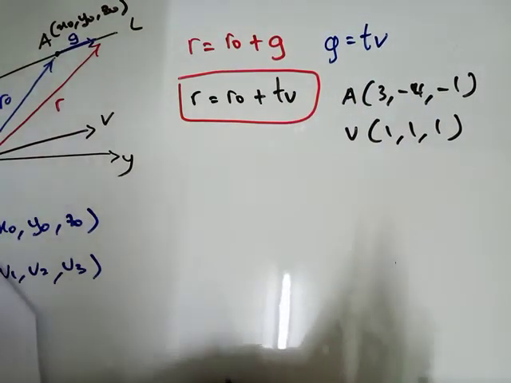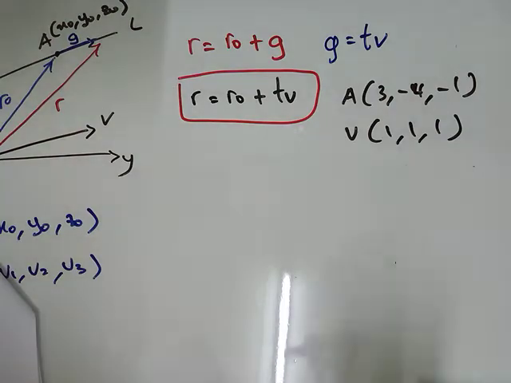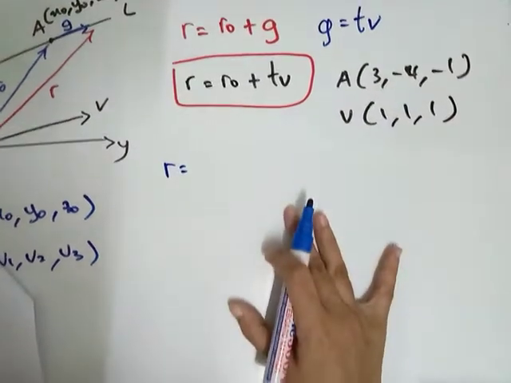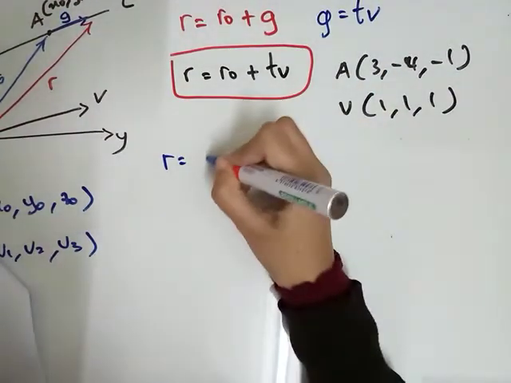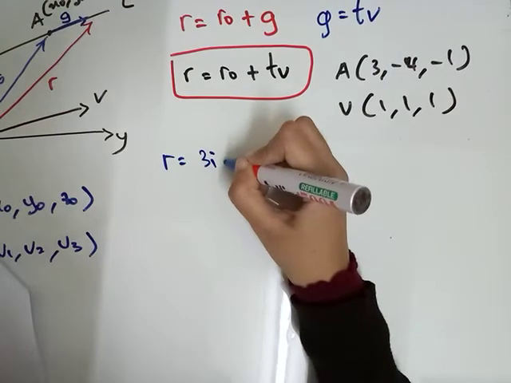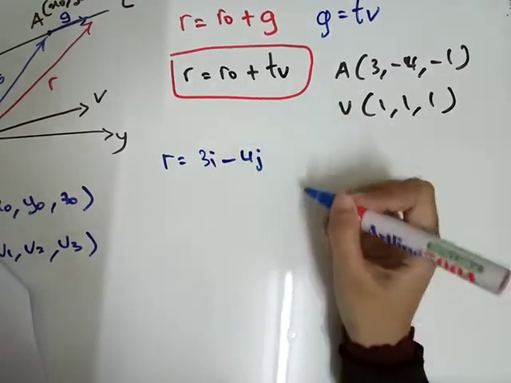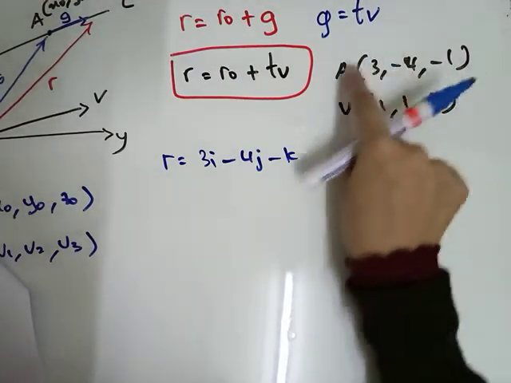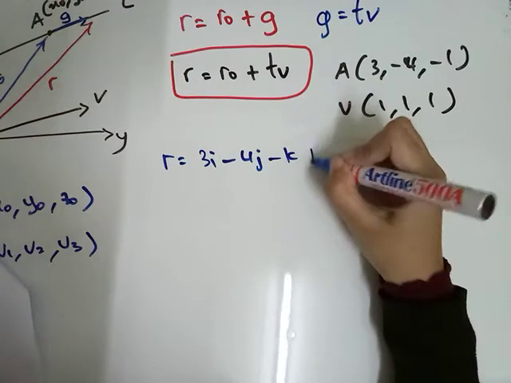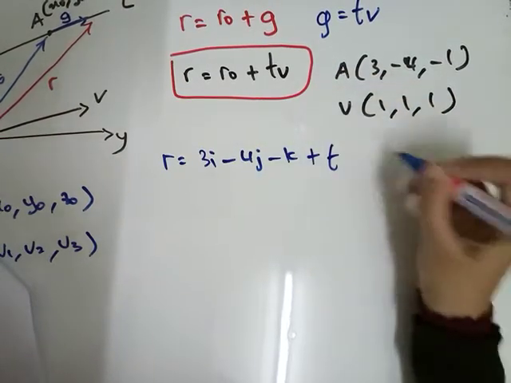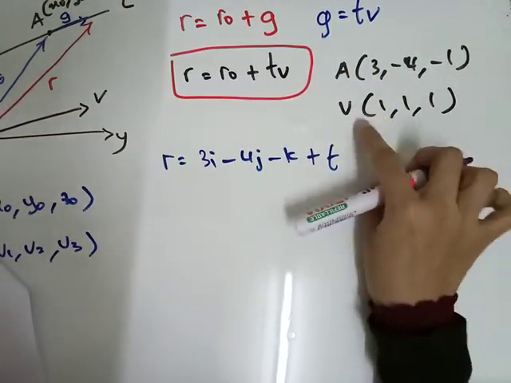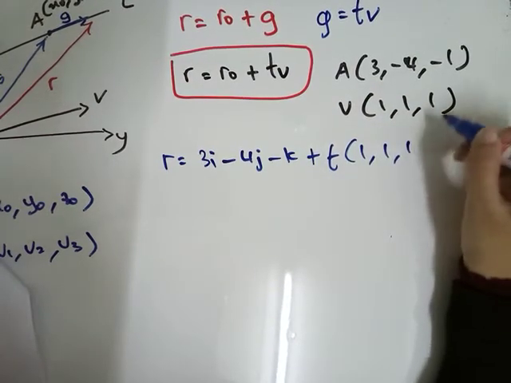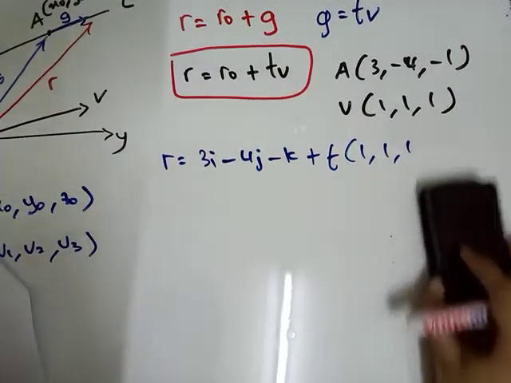And then we substitute into this equation. Therefore R is equal to 3I minus 4J minus K, this is R0, plus T times V1, V2, V3, which is 1, 1, 1. Sorry, it's supposed to be IJK.